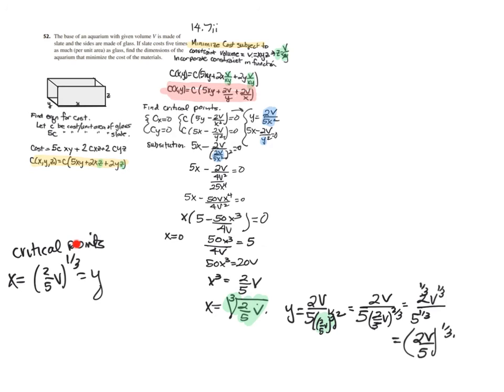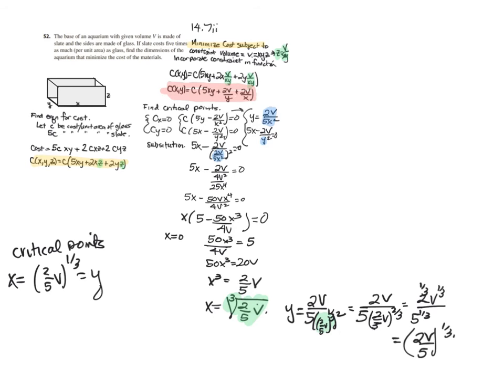Now, that's the only critical point we got. We need to validate, though, whether or not that leads to an absolute minimum. And this is one of those that the way you're going to figure that out is to argue physically. There would be a box of minimum surface area here, not maximum, because you could let these sides approach 0 and then the height would approach infinity, some such thing like that. So we don't have a box of maximum surface area, but we do have a box of minimum surface area.